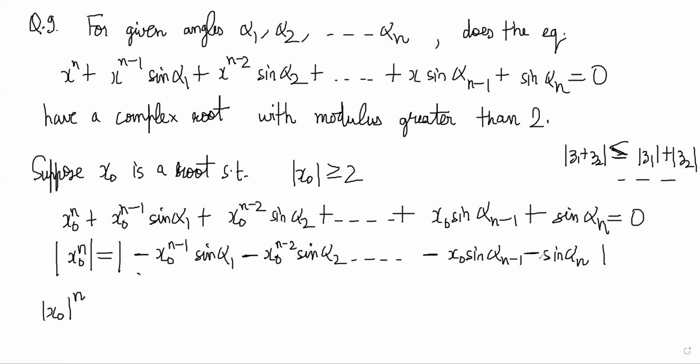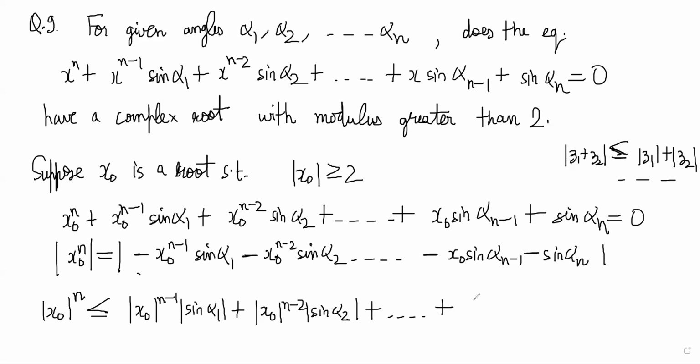So therefore, mod of the sum of so many terms will be less than equal to mod of x naught power n minus 1 mod of sine alpha 1 plus mod of x naught power n minus 2 mod of sine alpha 2 and so on till mod of x naught mod of sine alpha n minus 1 plus mod of sine alpha n. We have this inequality by applying standard properties of modulus. We'll simplify it on the next screen.